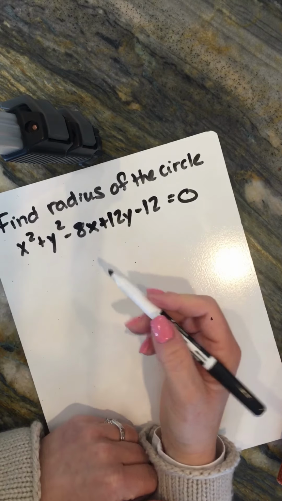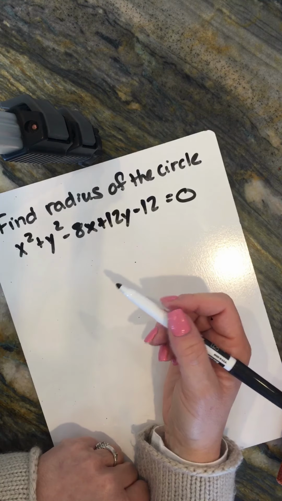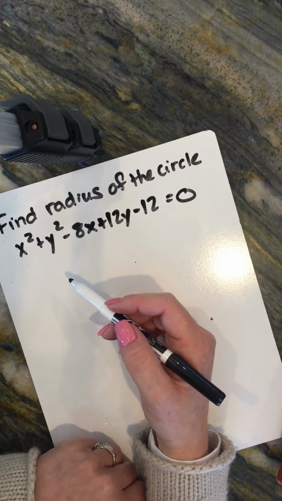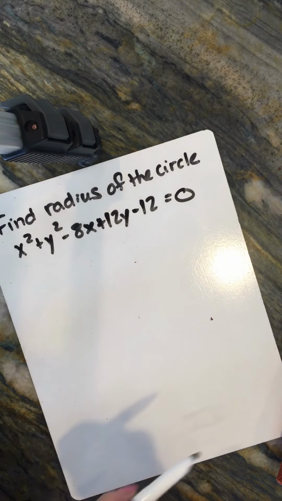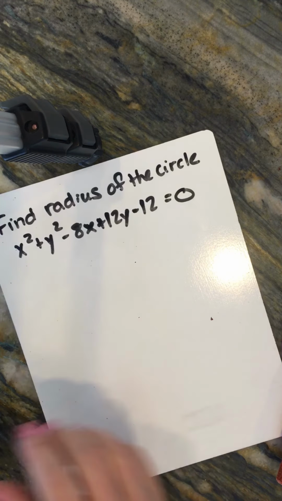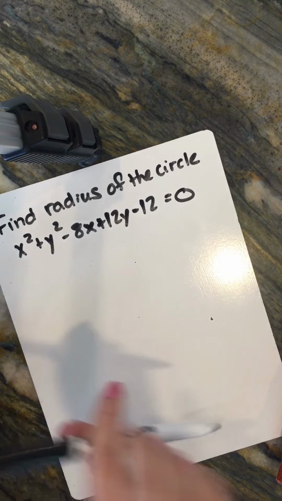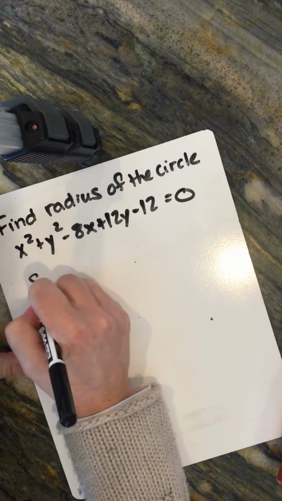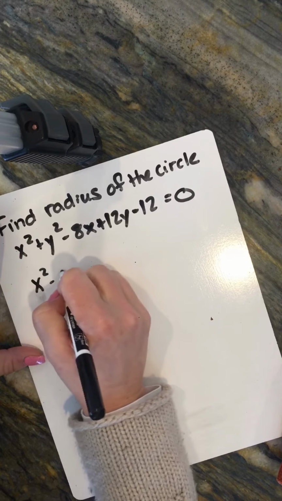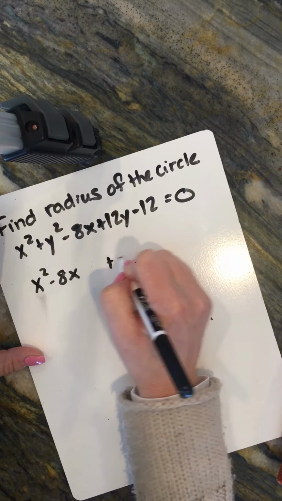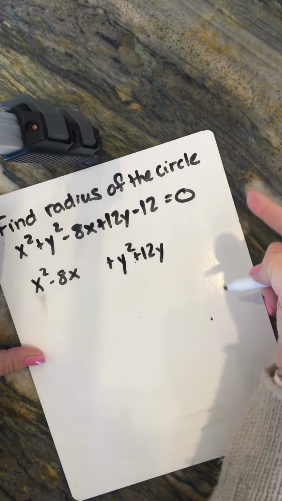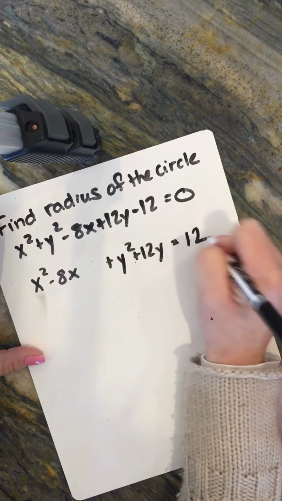All right, not in the h, k form that we would like, so we're going to have to put it in that form. That tells me we're going to need to complete the square a couple times. So pull together, use your commutative property, and put together the x variables and the y variables. So we've got x squared minus 8x, and then y squared plus 12y, and then the constant, let's move it to the other side.